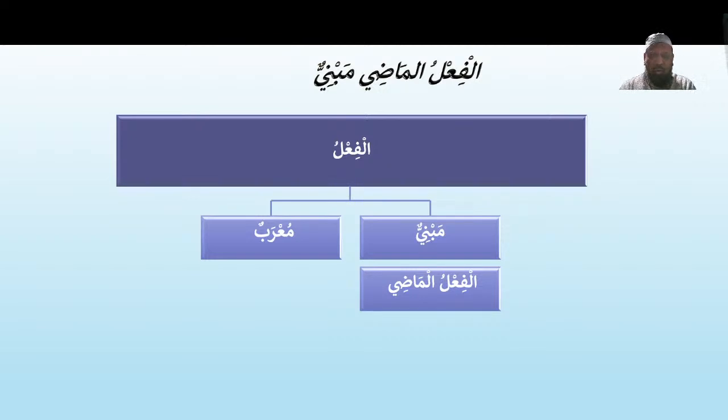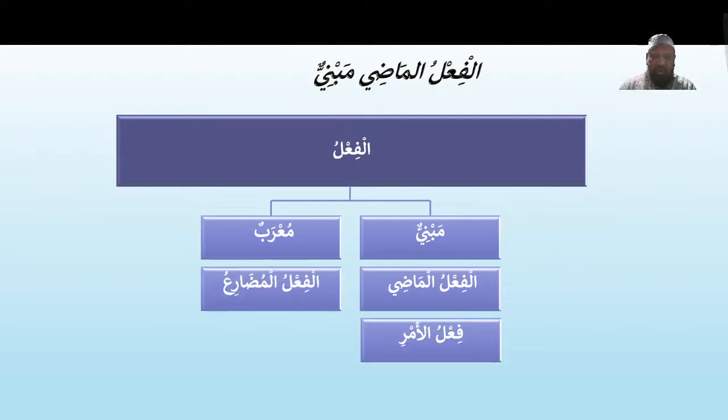Which fi'ls are going to be mabni and which fi'ls are going to be mu'rab. So we've learned in the past the three types of fi'l, al-fi'l al-madi, then we've learned al-fi'l al-mudari', and we've learned fi'l al-amr. So in terms of fi'l, mabni will be fi'l al-madi and fi'l al-amr, and mu'rab it is only al-fi'l al-mudari'.